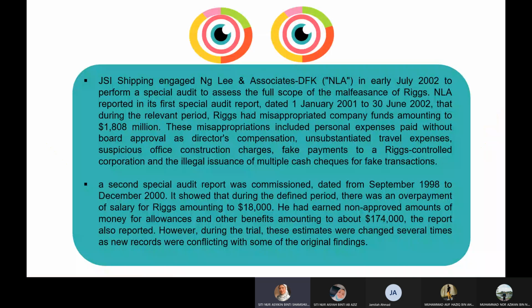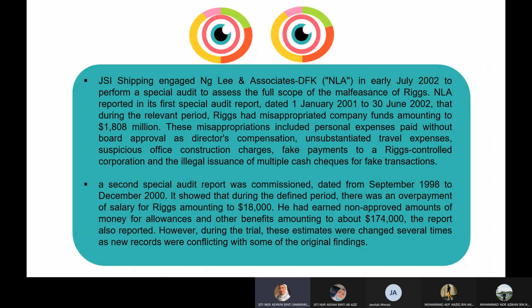JSI Shipping engaged DFK NLA in early July 2002 to perform a special audit to assess the full scope of the malfeasance of Rins. NLA reported in its first special audit report, dated 1 January 2001 to 30 June 2002, that during the relevant period Rins had misappropriated company funds amounting to 1,808 million.